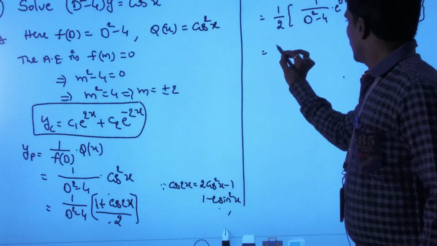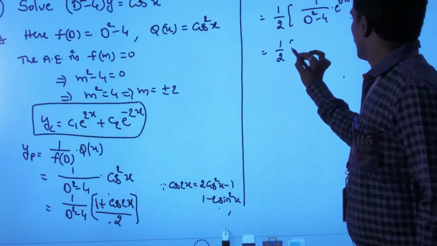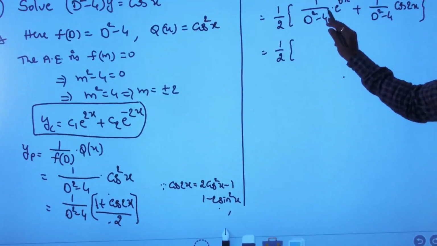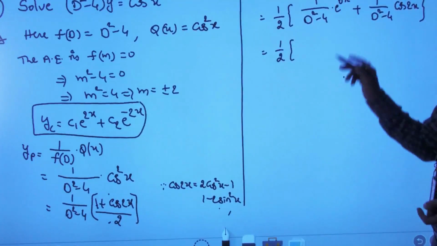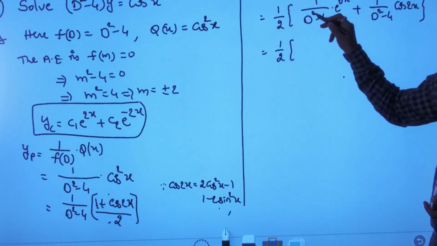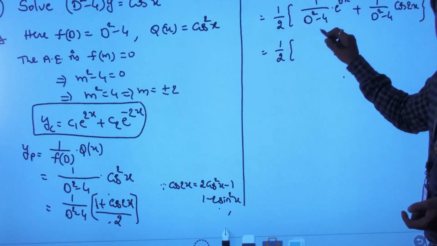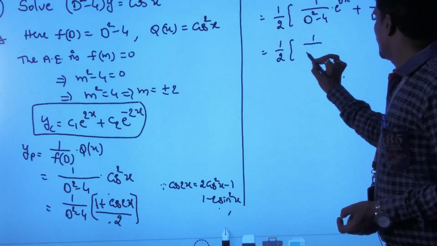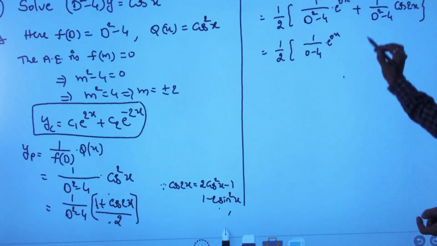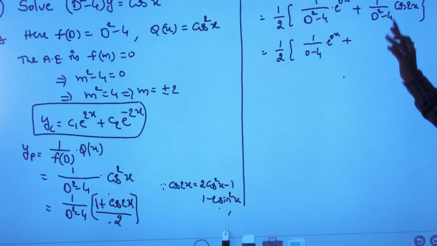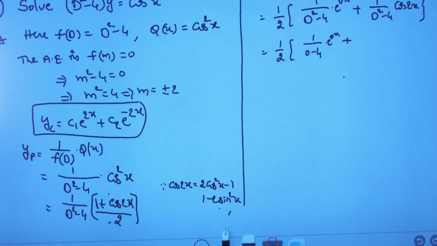Now this is 1 by f of d into e power ax form. When q is e power ax, replace d with 0. So we get 1 by 0 minus 4 into e power 0x. Plus, now it is 1 by f of d into cos ax form. When q is cos ax, replace d square with minus a square.